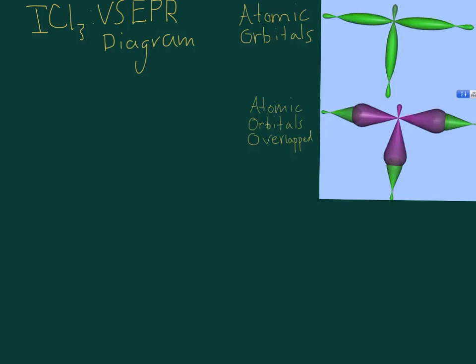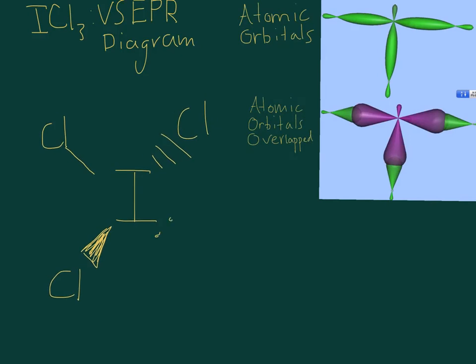We will begin our drawing by placing our iodine in the center of our diagram and attach the corresponding chlorine with dashed lines, a straight bar, and a drawn-in triangle to mark the spatial relationship to the central iodine, while not forgetting to include our lone pairs of electrons here and here.